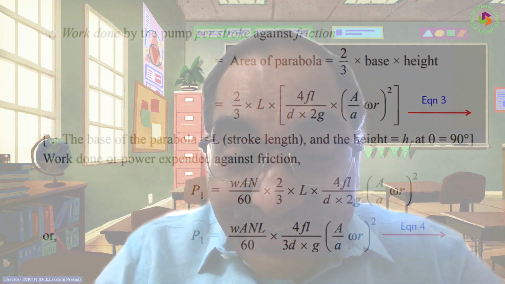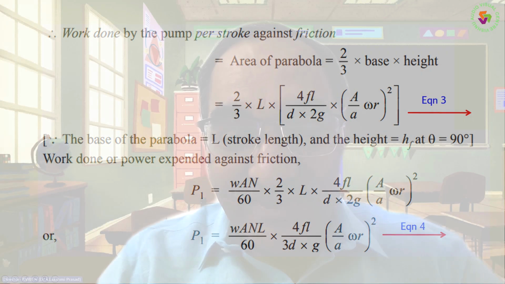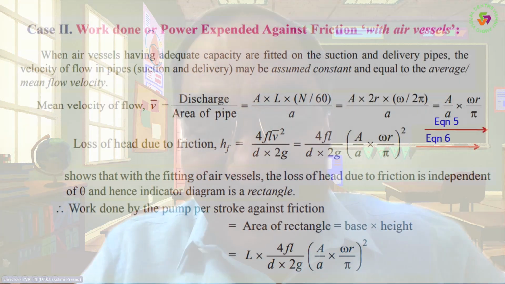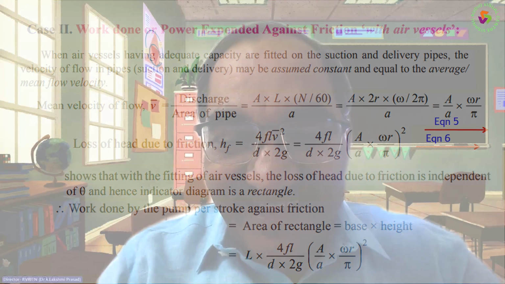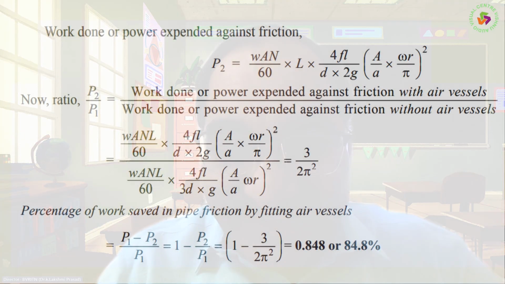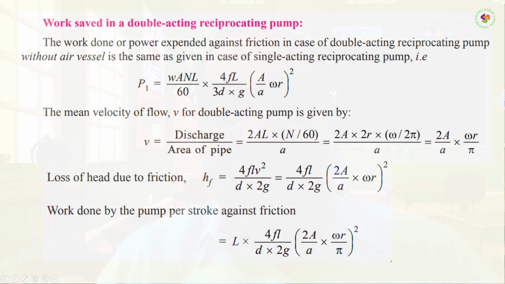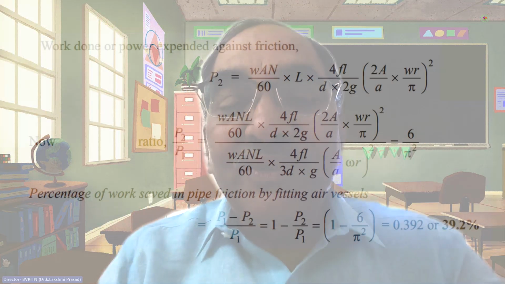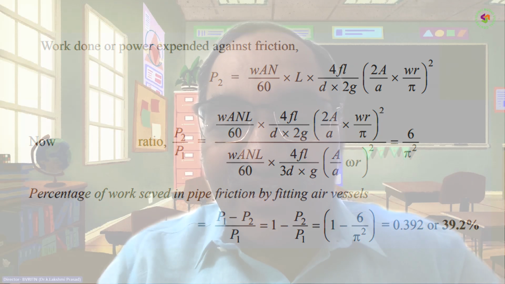If there are no air vessels, what is the work done or power to overcome this friction loss? If there are air vessels, what is the work done or power spent to overcome the friction loss? So, by keeping air vessels, is there any power being saved? How much is the percentage? That is what we discuss in this lecture.